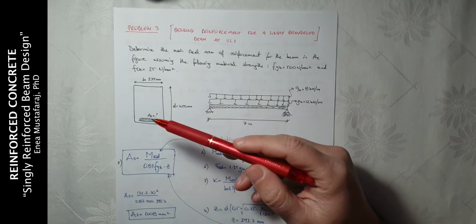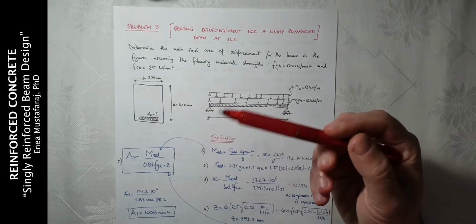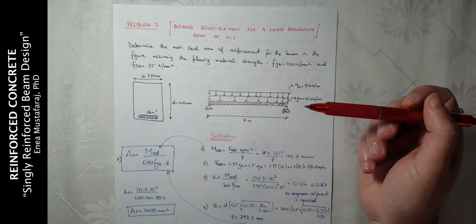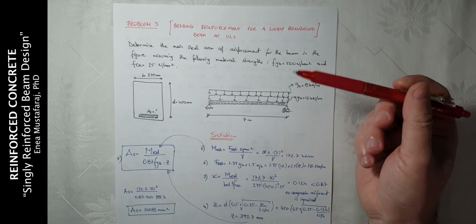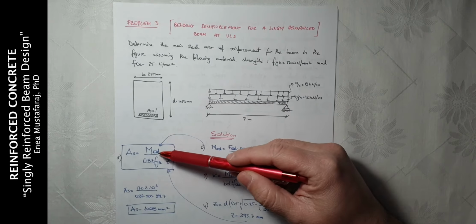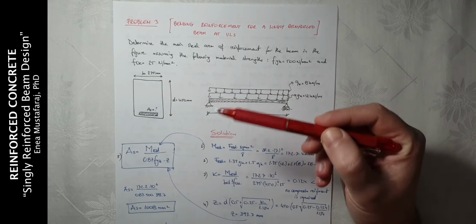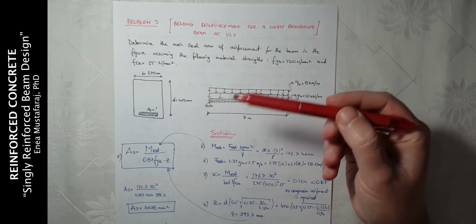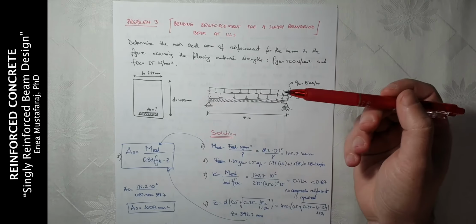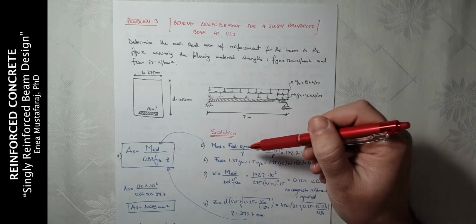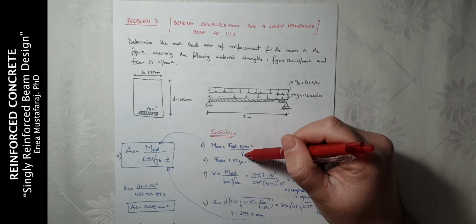So we are asked to find As, and the formula for As is design moment divided by 0.87 fyk times Z. In this formula, we do not know MEd, and we also do not know Z, the lever arm. So we start by calculating MEd. The formula for design moment is design load times span squared divided by 8.